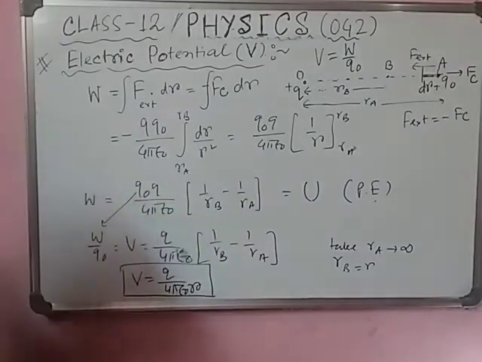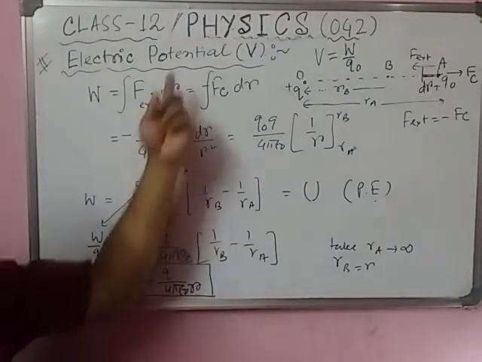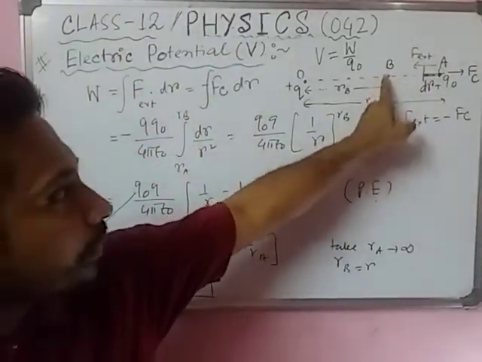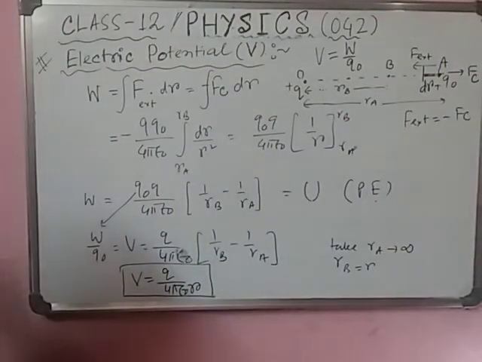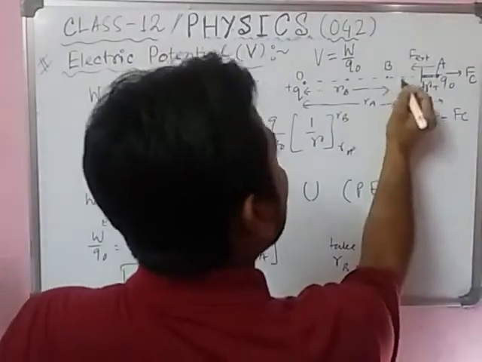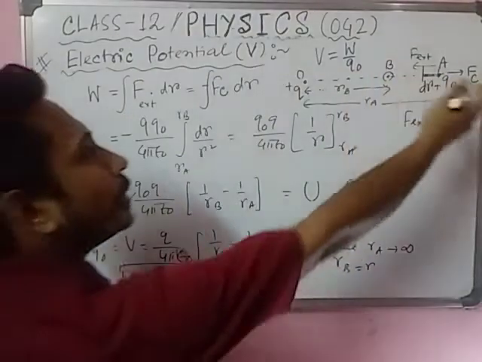So what is called potential, students? Potential at a point, here we take the point P. Potential at a point B means what? The work done required to bring a positive unit charge from infinity to that point, or from some point A to this point.